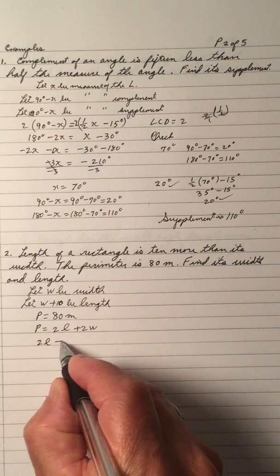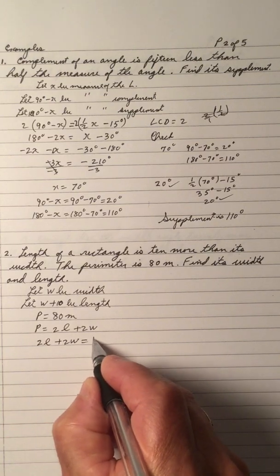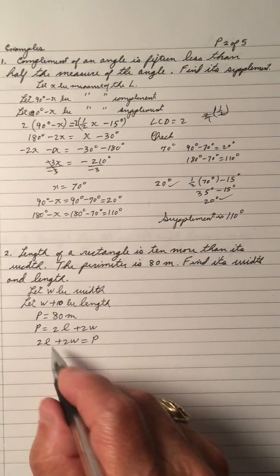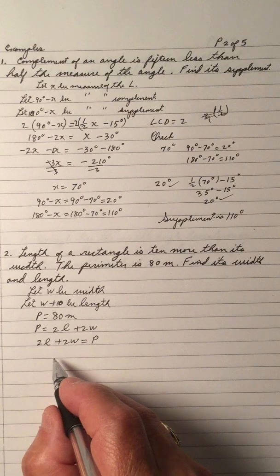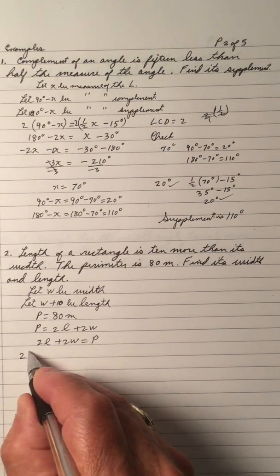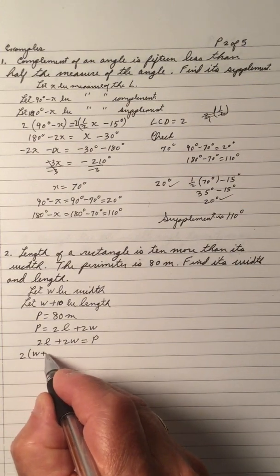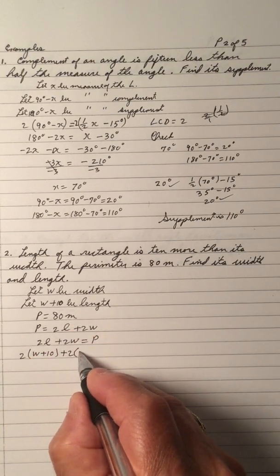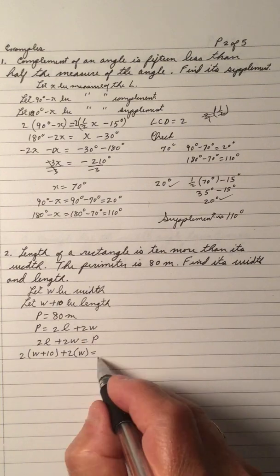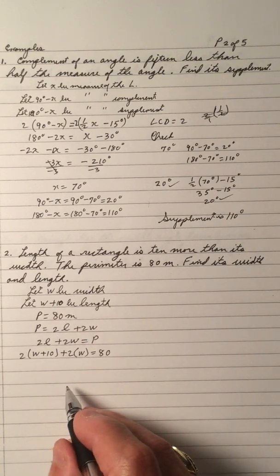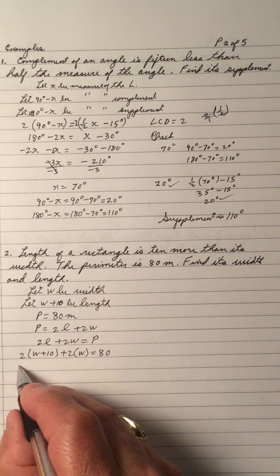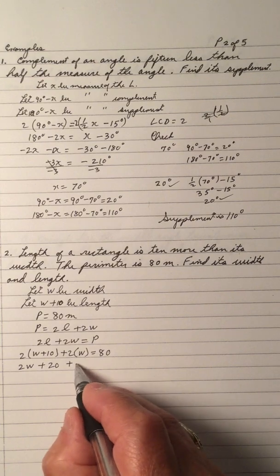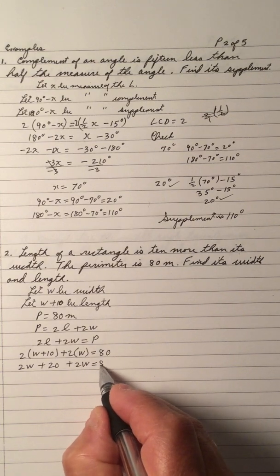If you write it like this, which is the same because of the symmetric property, you flip it around, then we have twice the length, which is W plus 10, plus twice the width is the perimeter of 80. So that leaves us, multiplied by 2, 2W. 2 times 10 is 20. 2 times W is 2W equals 80.